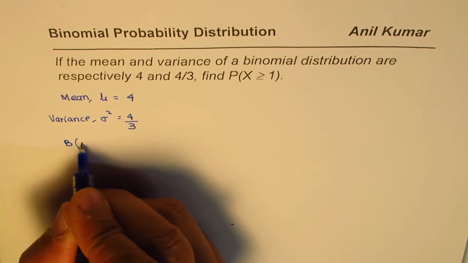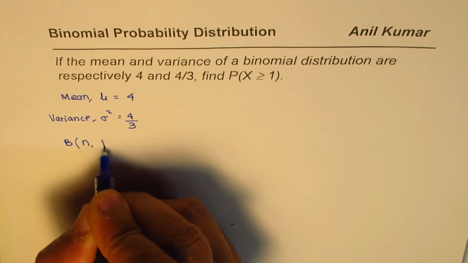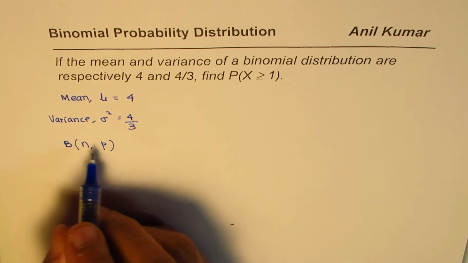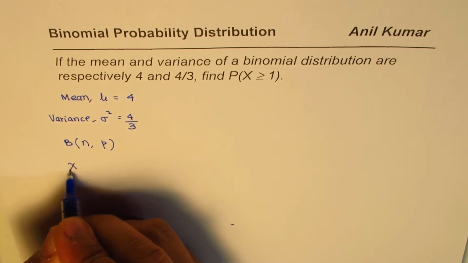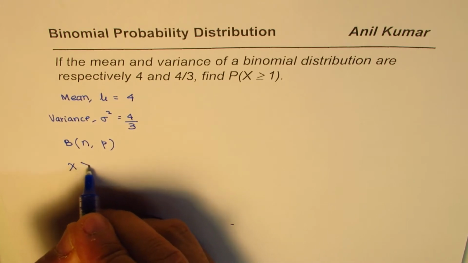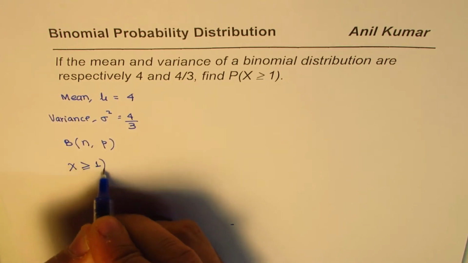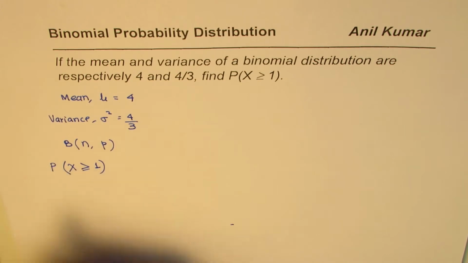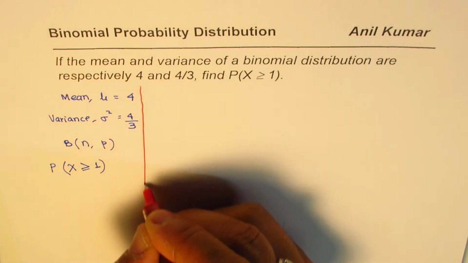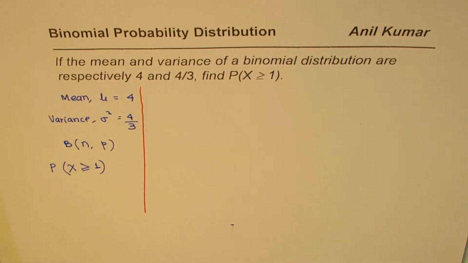That is to say, we have to find how many trials there are and what the probability of success is. Once we find that, we need to calculate the probability of at least one success. That is the type of question we are working on. I hope this is clear to you.